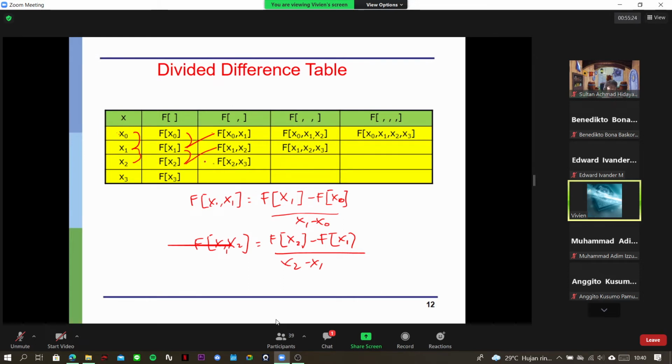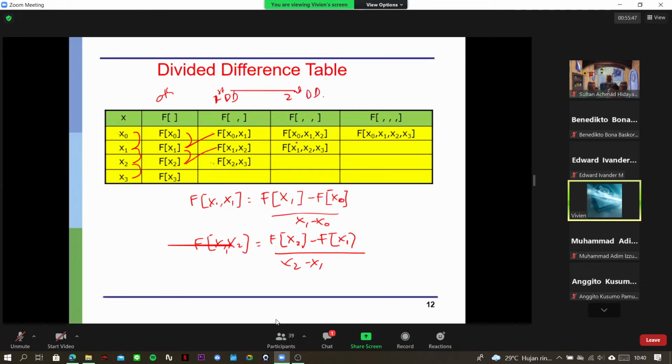Again here, that will be f(x3) minus f(x2) over x3 minus x2. So that we get the first divided difference. So this is the zeroth order, the first, and this is the second divided difference.